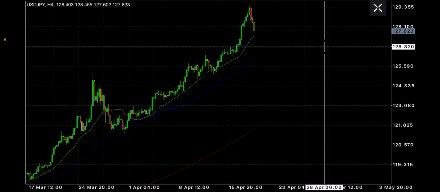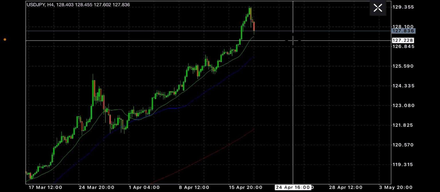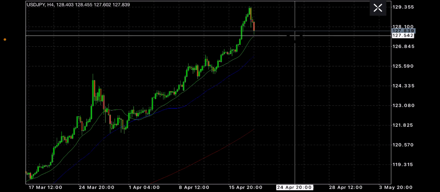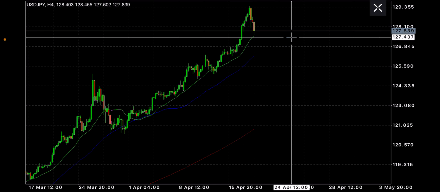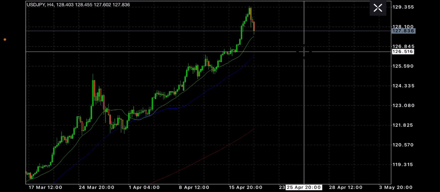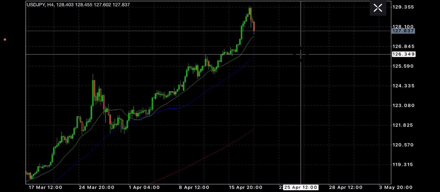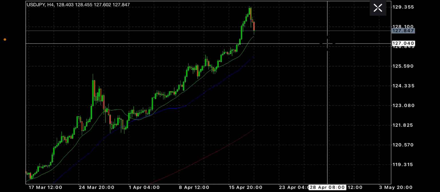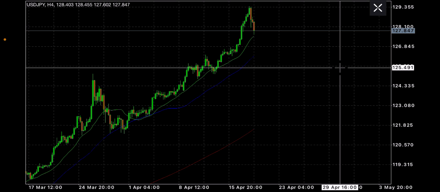But as of now, this is looking like the new trajectory area of where price wants to go. Okay, so it looks like we're going to be dropping, and this is going to be the new trajectory area of where price wants to go before we can start to possibly see it range out or continue to go down.